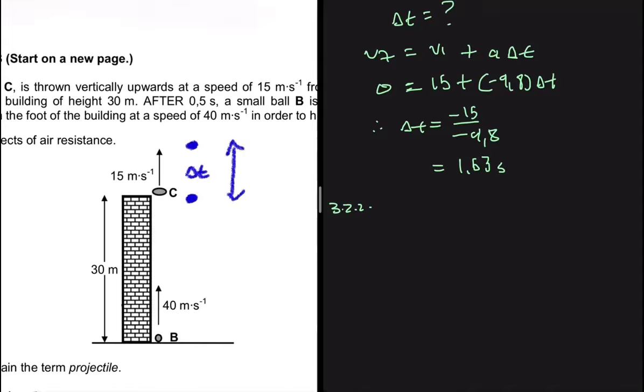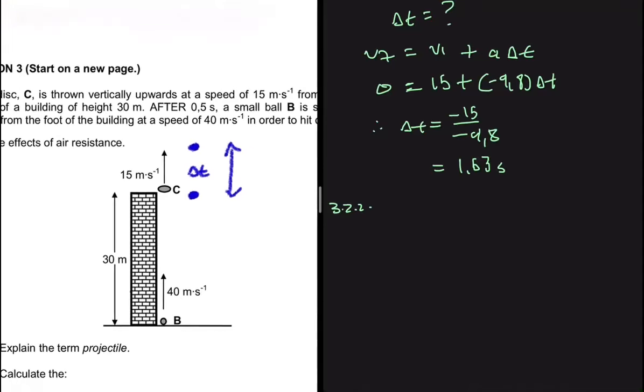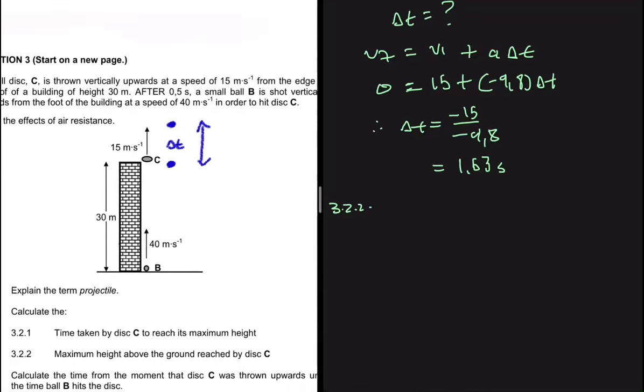And then with that distance, we just have to add 30 meters. After we add 30 meters, we have the maximum height above the ground reached by disk C. You don't just calculate delta y and not add it to 30 meters, which is a common mistake that I see people making, right? So let's go ahead and look at our information and see which formula we can use.